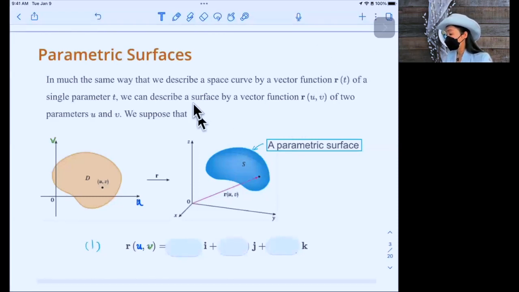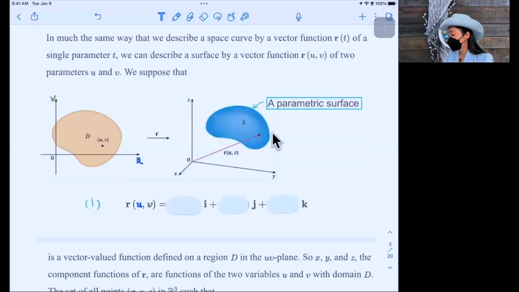Now today, we're going to have a vector function, but this time instead of one single variable over here, we're going to have two different variables, u and v. We are going to have two parameters. See the u and v, this is the uv plane. And then this vector function is going to map every point in this region to a surface, using u and v as parameters.